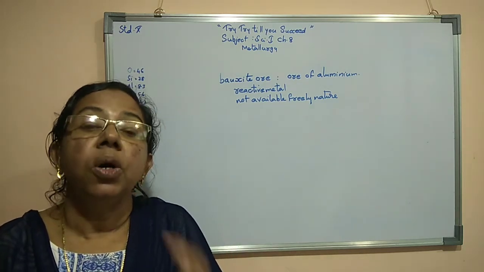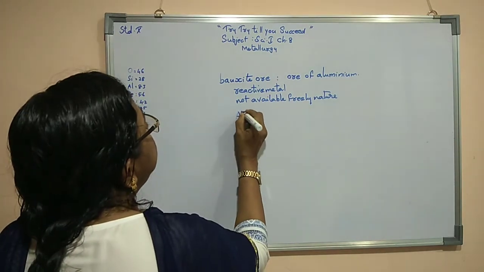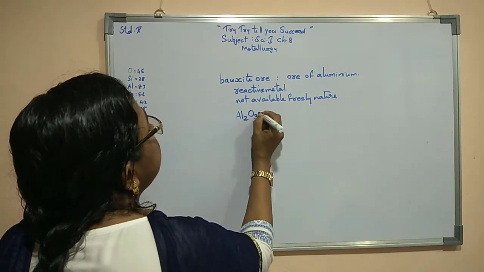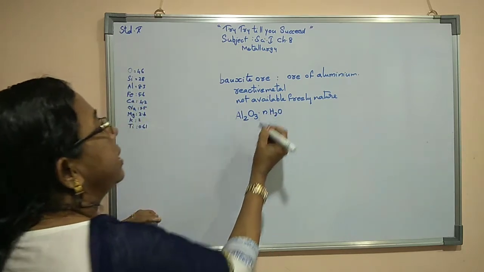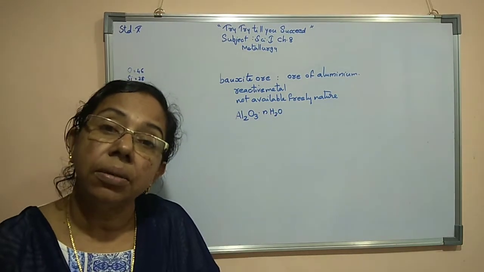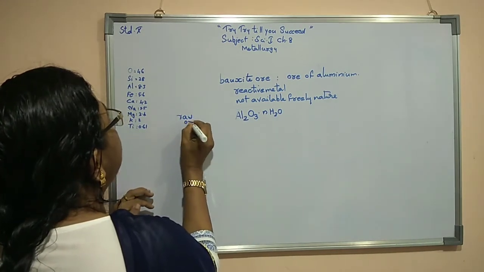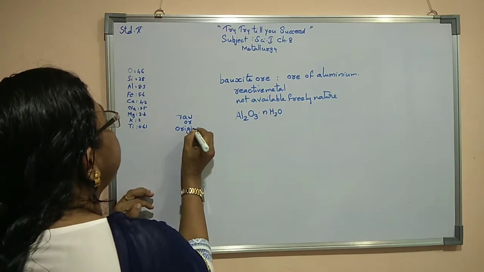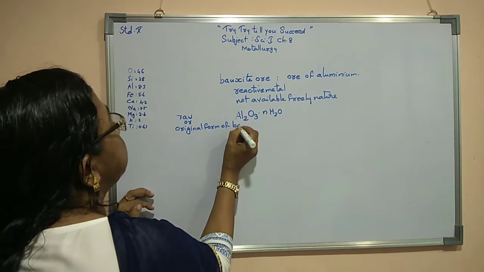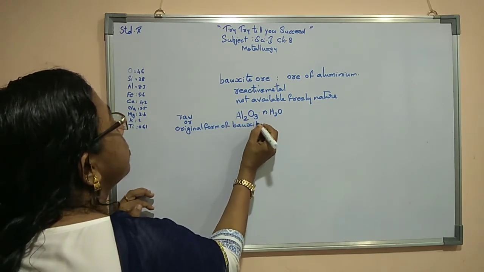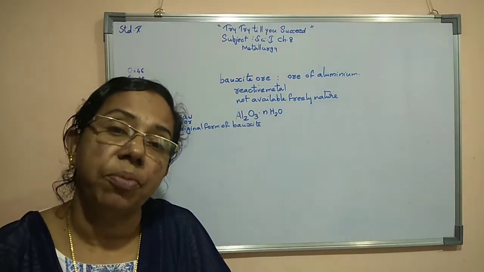So the original form of bauxite, its formula, is aluminium oxide, Al2O3, along with n number of water molecules. n shows a large number of water molecules. This is the raw or original form of bauxite.